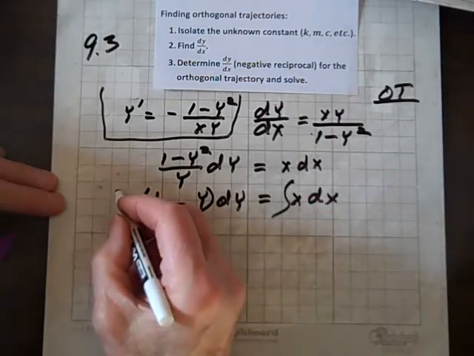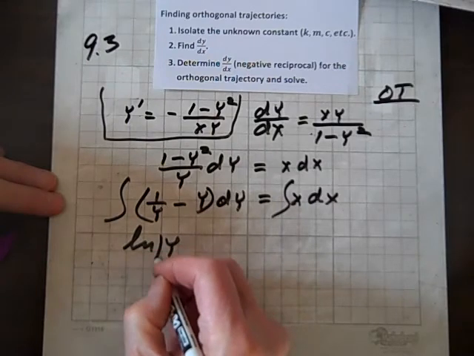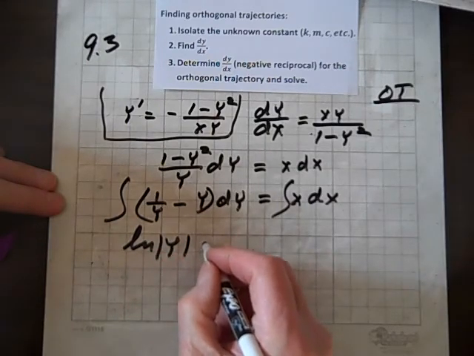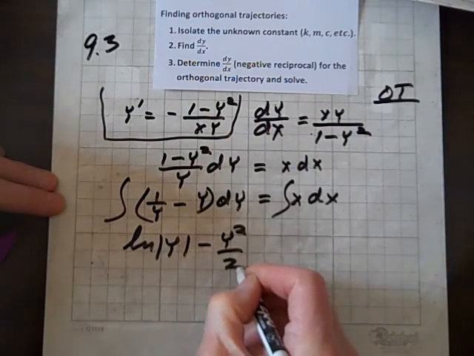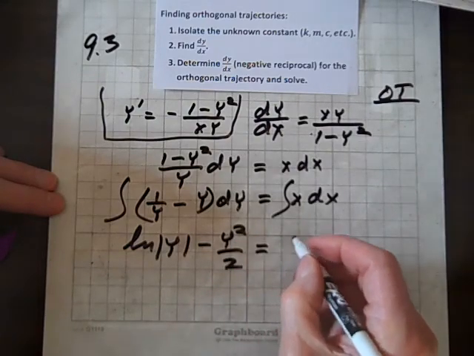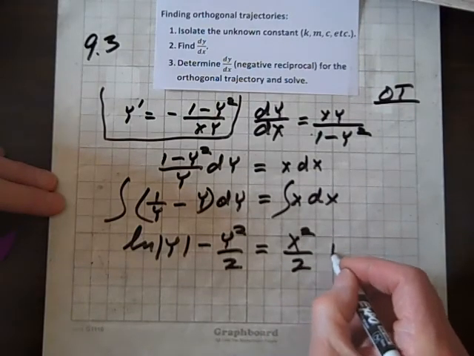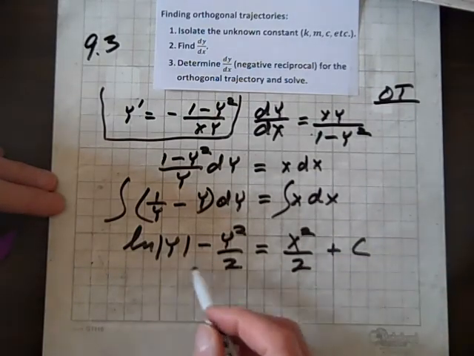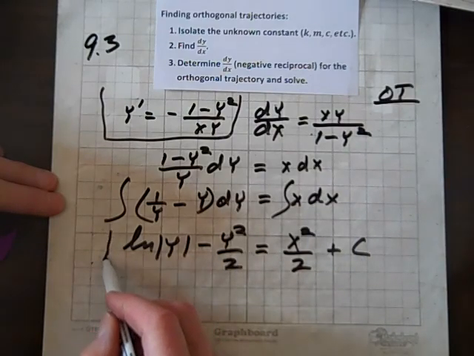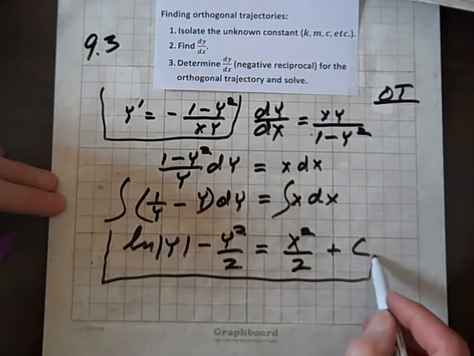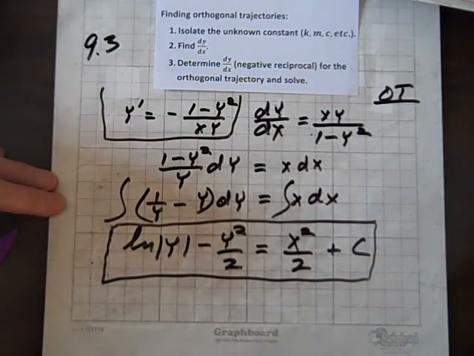Now we'll integrate both, and we get ln of the absolute value of y, minus y squared over 2 equals x squared over 2 plus c. And we've got it. This is the orthogonal trajectory relative to the equation we were given. And we're done.